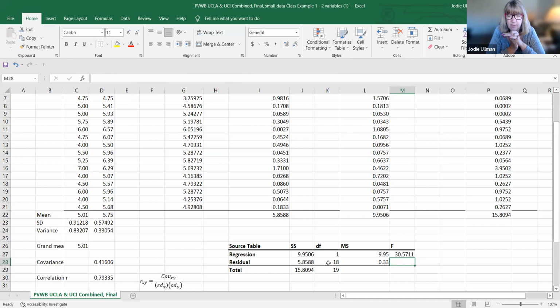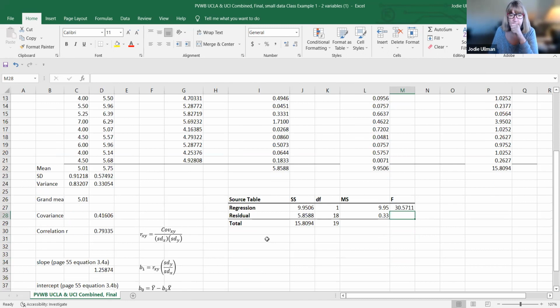But a couple things. Notice there was nothing about a direction, nothing at all. So I want to go through the different kinds of hypotheses we have. This F ratio tests multiple R. Let me just put it down here.